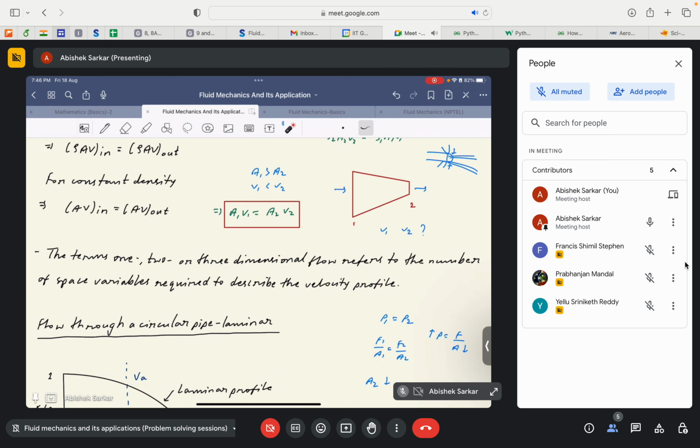Funnily enough, this contradicts the usual notion that we have, even for a subsonic flow, like lower Reynolds number flows. The statics relation only works for fluid statics, and for fluid dynamics it will be different, since fluid motion will have an implication on the variation of pressure, right?